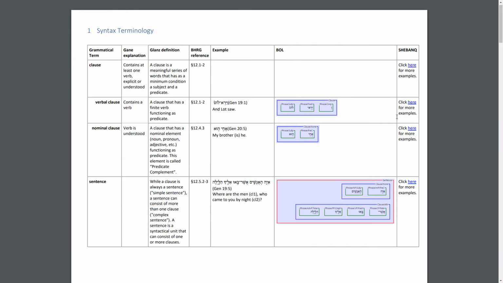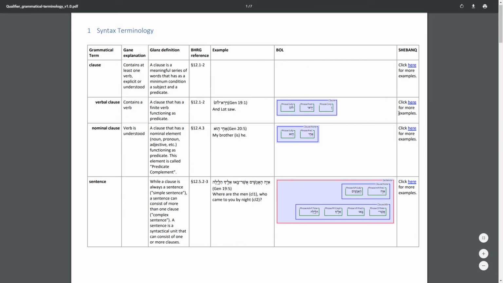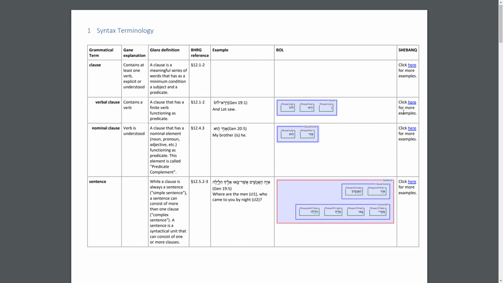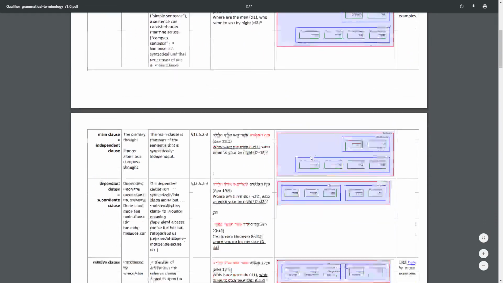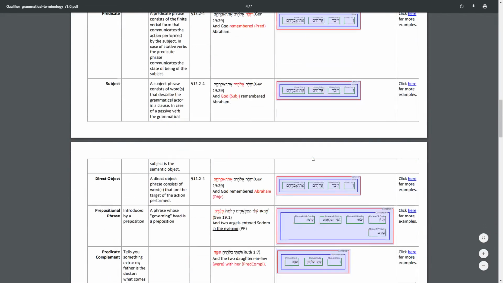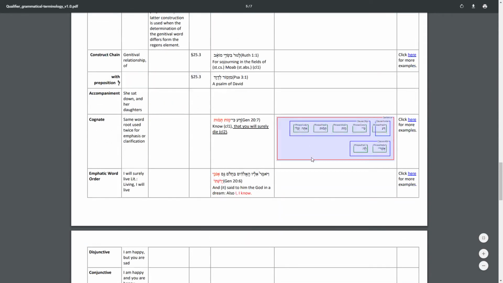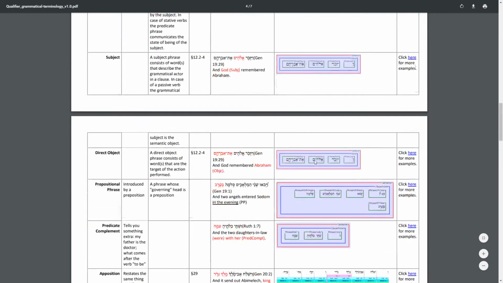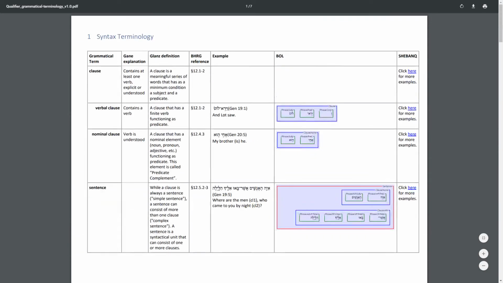And if your student wants to get many more examples, he or she just has to click on this link and it will list all verbal clauses, in this case, that appear in the Hebrew Bible. So make sure that you run your students through this table and make sure that there are no questions left for them when they come over to the seminary to take the qualifier.